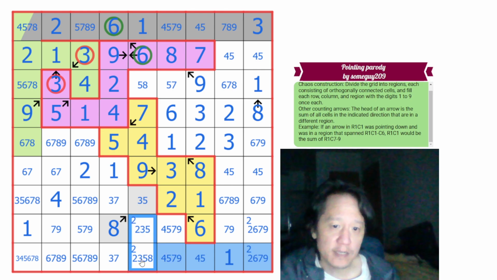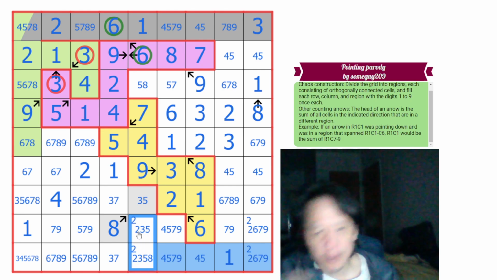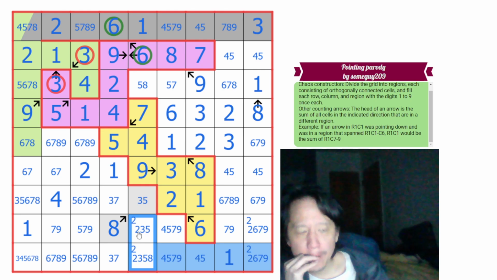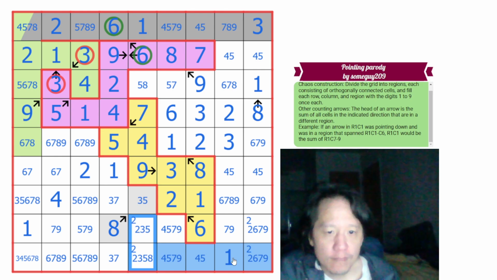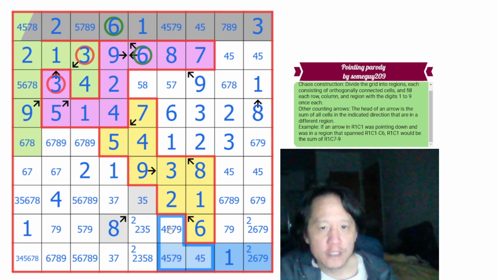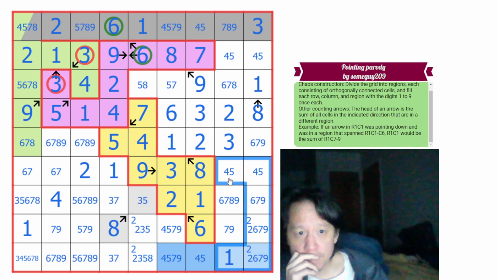It has to go to one of these 2s. We don't know which. It cannot be both, though. It does not need to contain both of these, though.